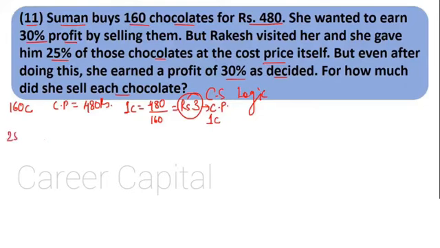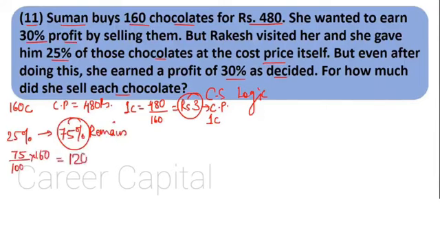So 25% of chocolates are gone at the cost price. So how many remain? 100 minus 25 is 75% remain. 75% of 160, that is 75 upon 100 into 160, which gives us 120 chocolates. So 120 chocolates remain with Suman.